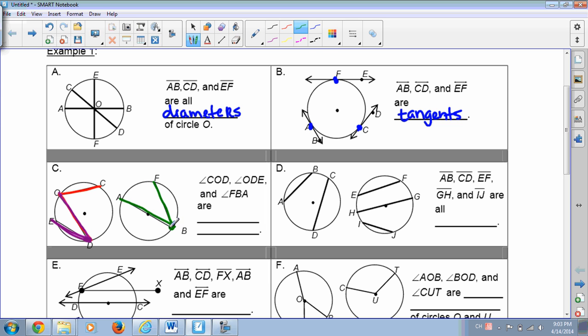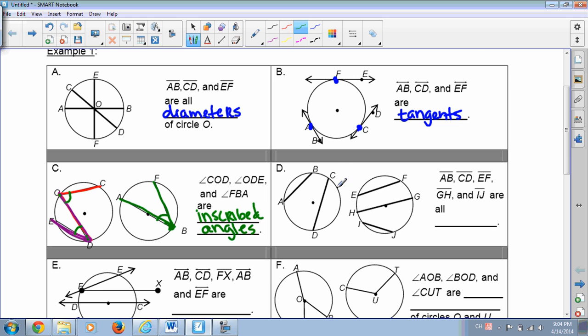The vertex is on the edge of the circle. It doesn't matter that A to B is the diameter. It makes this angle that is on the edge of the circle. Okay? These are all called inscribed angles because they are on the inside of the circle, and the vertex is on the edge of the circle. So these are inscribed angles.